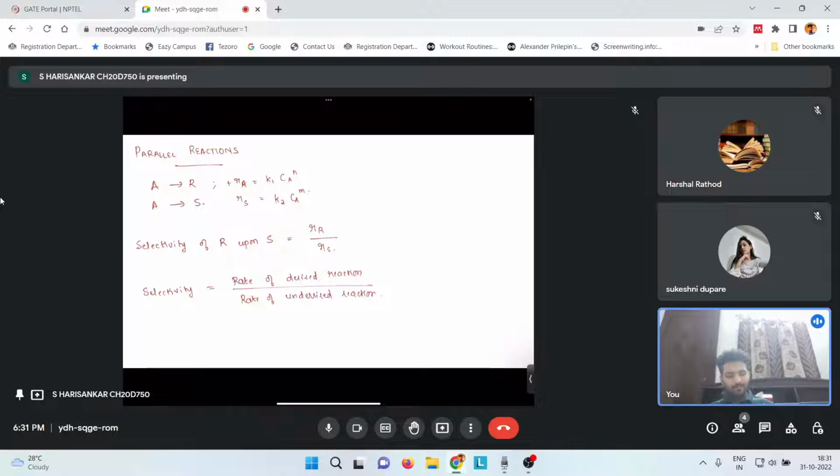So when we say selectivity of R upon S, that means for this particular scenario, R is the desired product. Okay. And S is the undesired product.